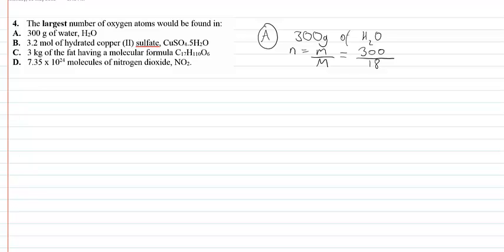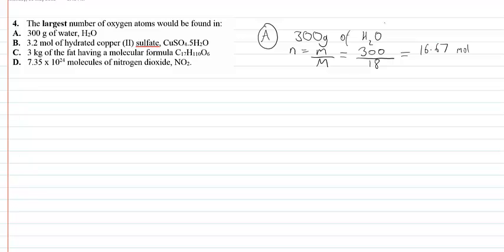So the molar mass of water is 18 grams per mole, and if we work this out, we get 16.67 mole. So we have 16.67 mole of water. Okay, that's what that equation gives us. n is the number of mole. So in 300 grams of water, there's 16.67 mole of water.